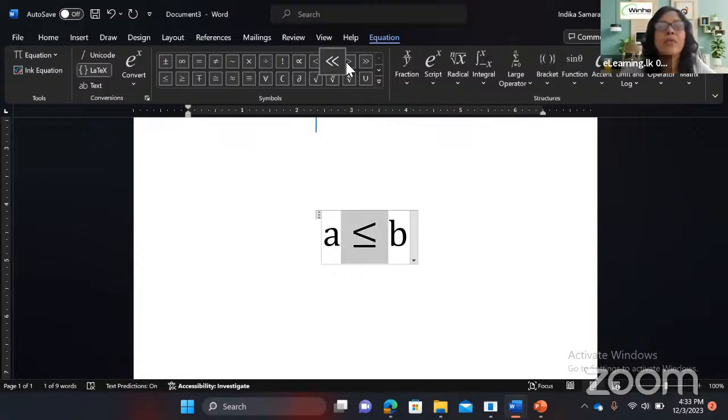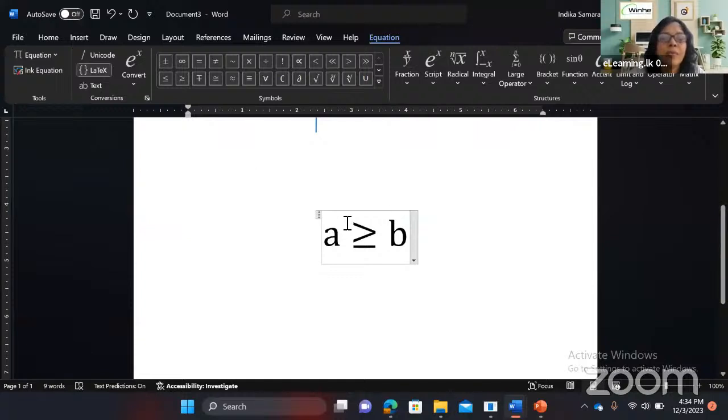If you use this sign, it represents the greater than sign, so we say A is greater than B. All the values of A are greater than B, but it is not equal to B. But if you use this sign, all the values of A are greater than or equal to B. It can be B or a value greater than B. Right?